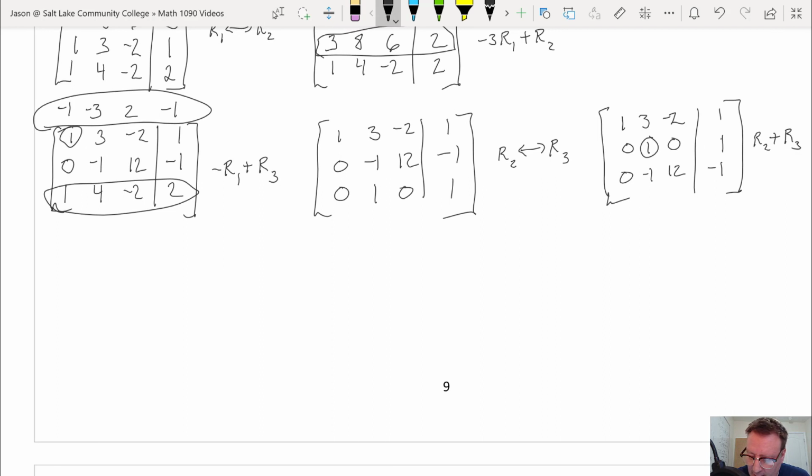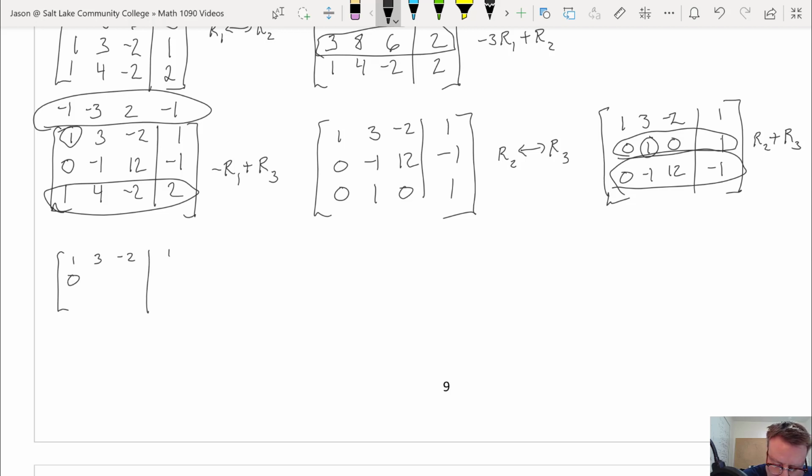So I'm going to be adding this row to this row, and the results will be 1, 3, -2, 1. This row stays the same, unchanged, 0, 1, 0, 1. Third row changes though. I get 0, 0, 0 plus 12 is 12, and then 1 plus -1 is 0.